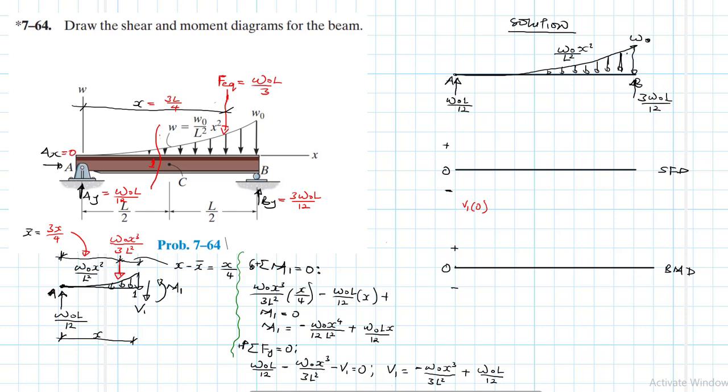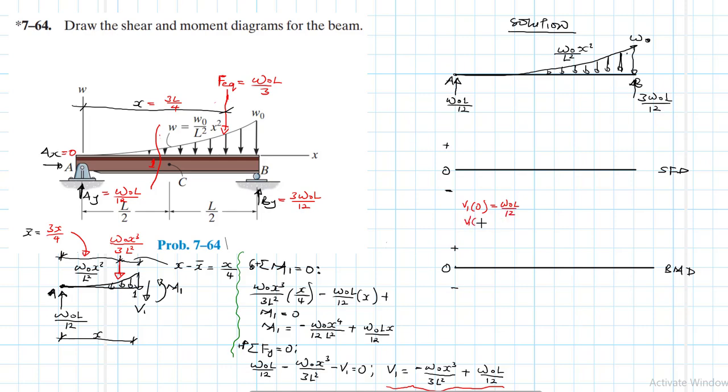Our V1 is here. This is our V1. So it is here. So when x is equal to 0 at A, V1 will be equal to w naught L divided by 12.